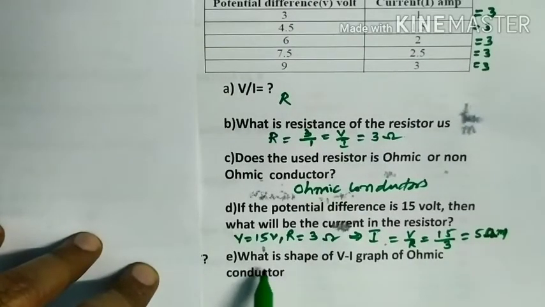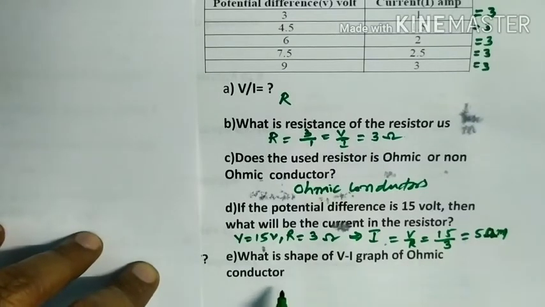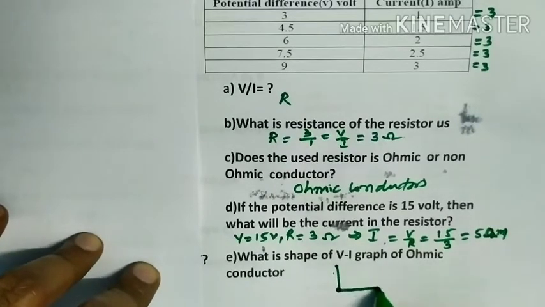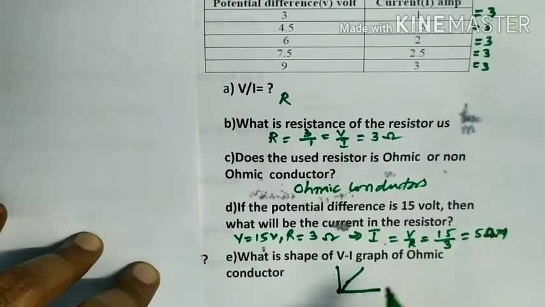Next question. What is the shape of the V by I graph of ohmic conductors? For ohmic conductors, the V by I graph will come like this. So it is a straight line.